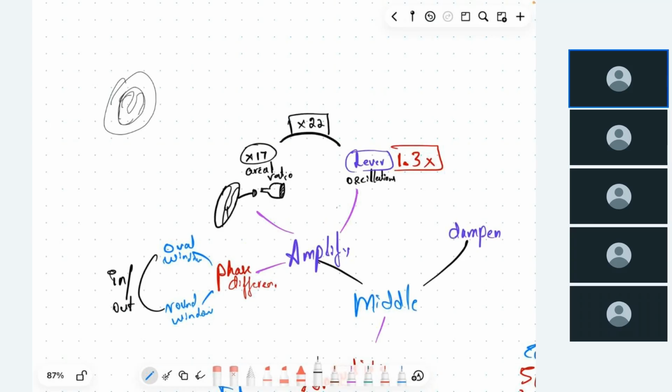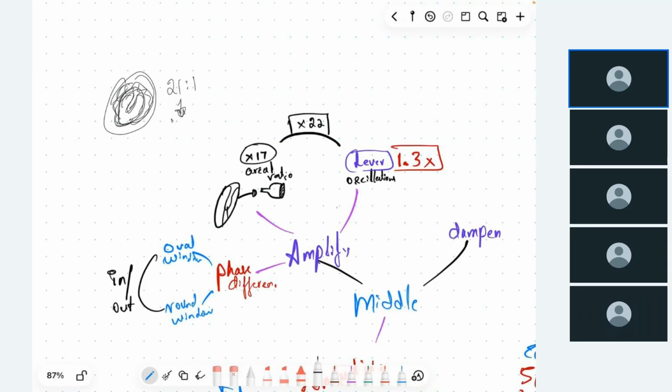Pars tensa here, it is vibratory. The pars flaccida and other parts of the tympanic membrane are not contributing to the transmission of impulse. So even though the area ratio is 21:1, the effective ratio is reduced to 14:1.